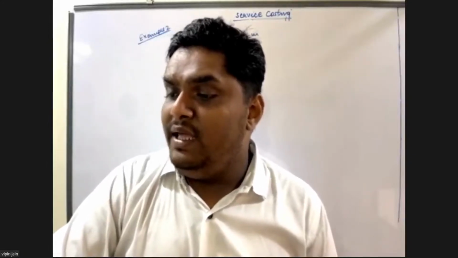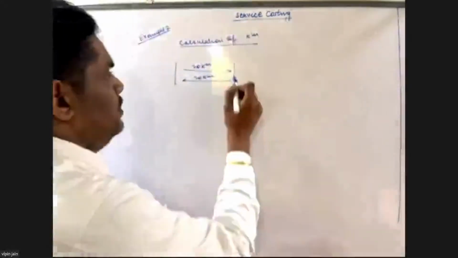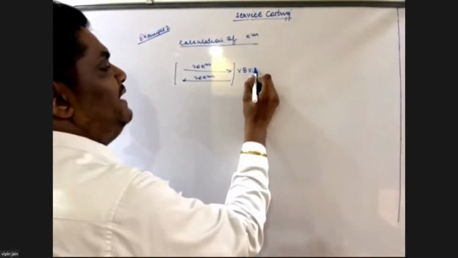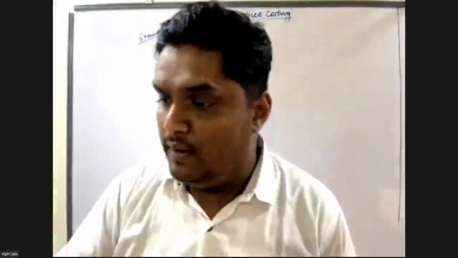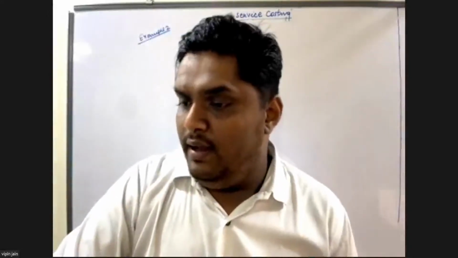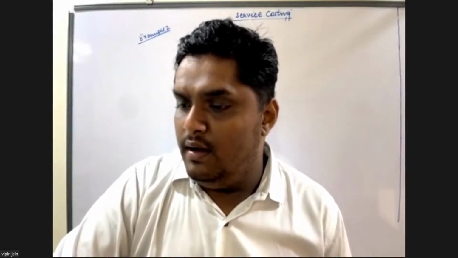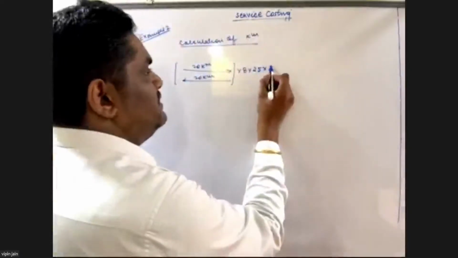Trips made by each bus per day is 8, so multiplied by 8 trips in a day. Into how many times in a month? 25 days in a month. And how many buses are there? Total 6 buses.